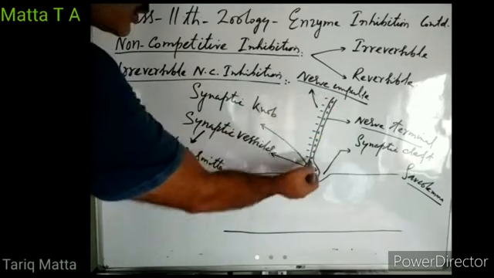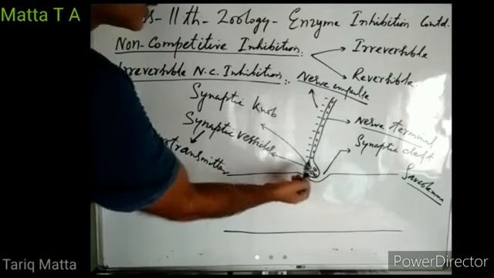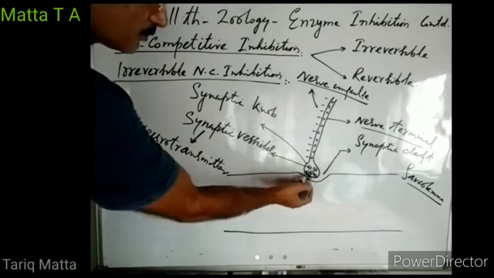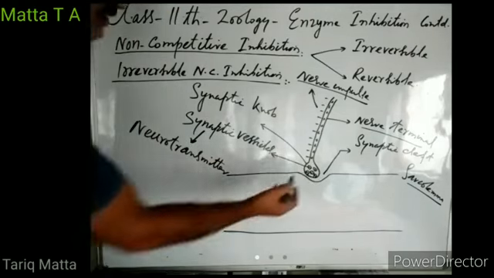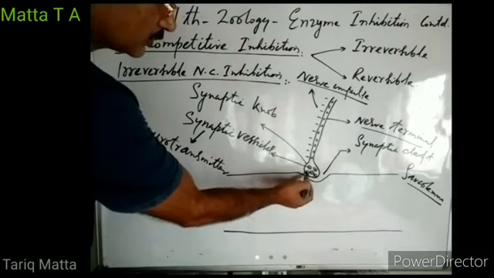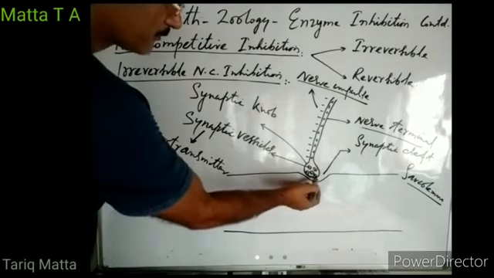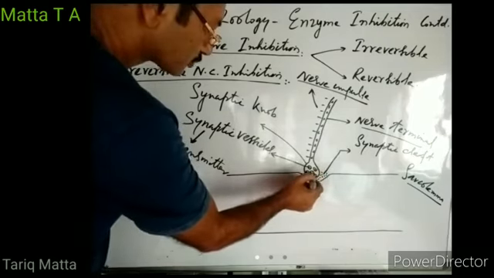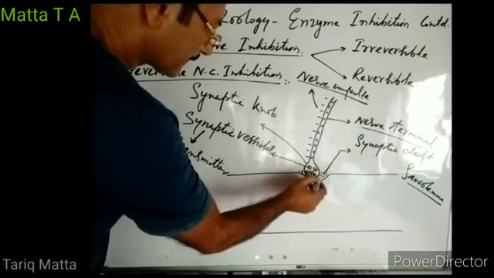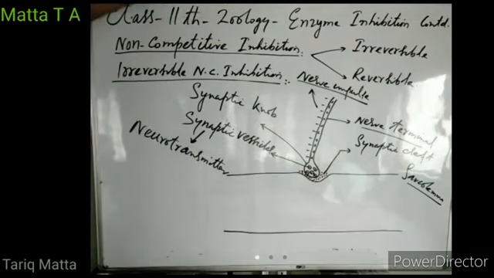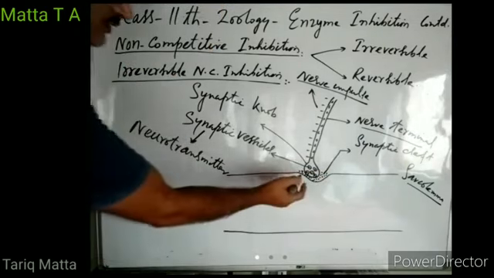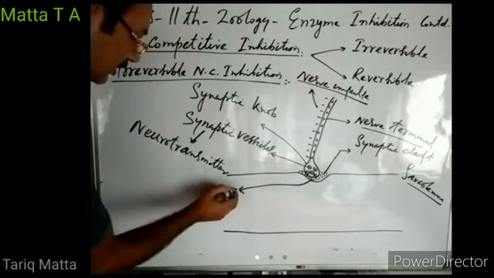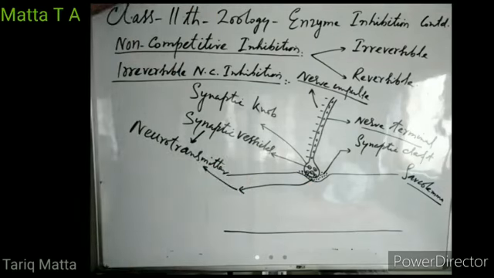When this wave of depolarization reaches the synaptic knob, it stimulates these synaptic vesicles for exocytosis. The synaptic vesicles join with the covering membrane of the nerve fiber and release the chemicals which were stored in them. They release neurotransmitters in this gap.